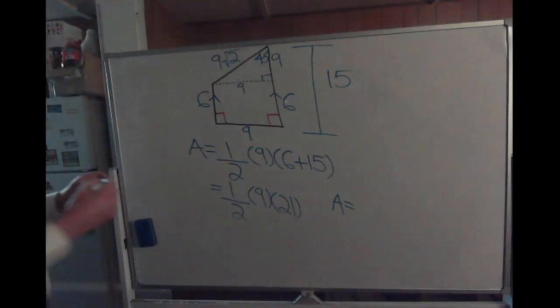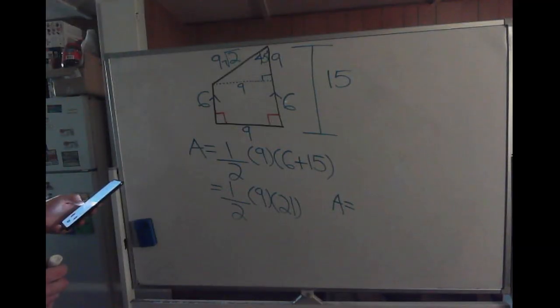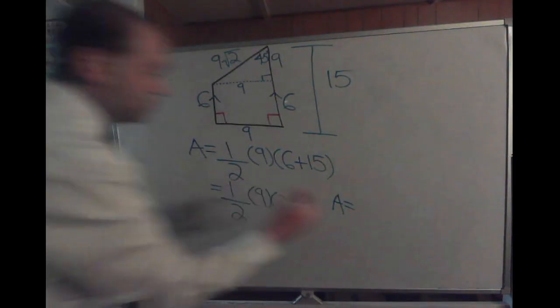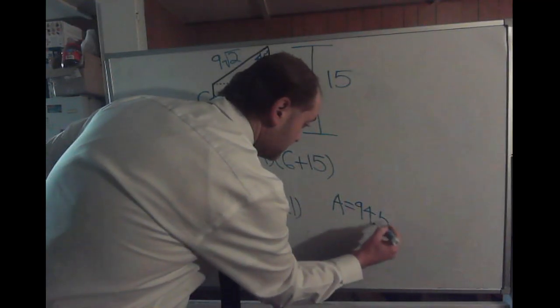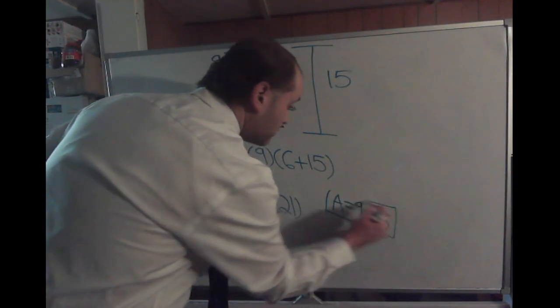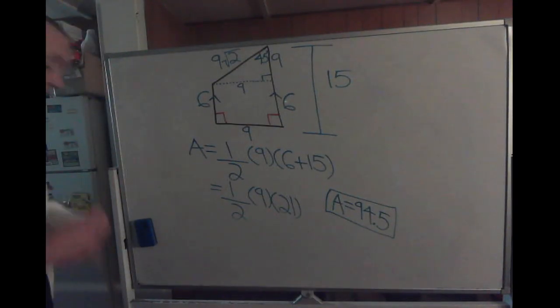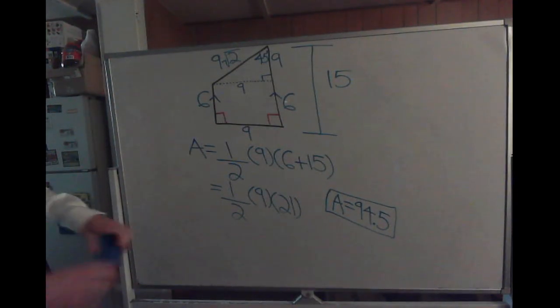Let's just put this into the calculator here. So the area of this trapezoid is about 94.5 square units. That's what you would get, 94.5 square units.